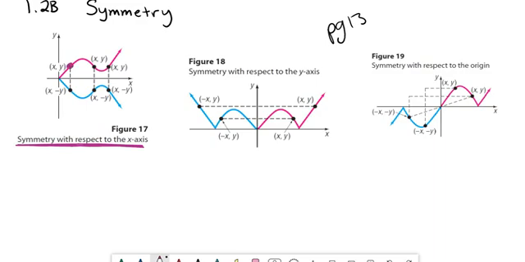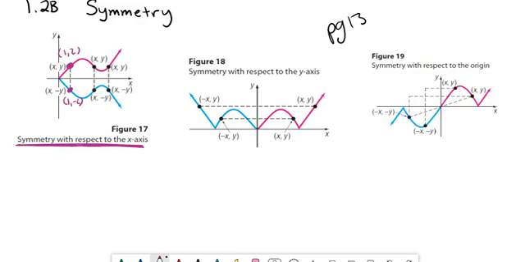So this point right here, this x comma y point, and notice they have x comma negative y. Basically what they're saying is that maybe for example this is the point 1 comma 2, then that means the point 1 comma negative 2 is also going to be on the graph.